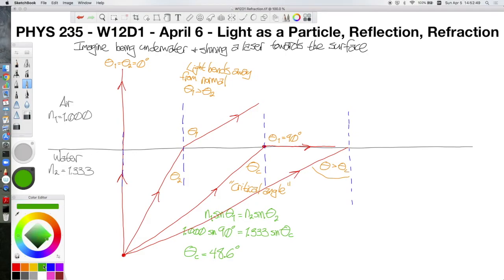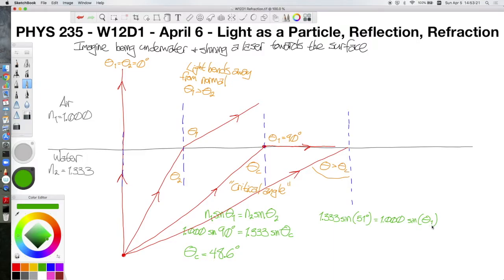You could also look at this mathematically and say, well, let's take our index of refraction for water using Snell's law, 1.333, times the sine of, let's just pick an angle greater than the critical angle. Let's say 51 degrees. Would then equal the index of refraction in air, times the sine of whatever angle we are going to get in air. So I'll call it theta 1.